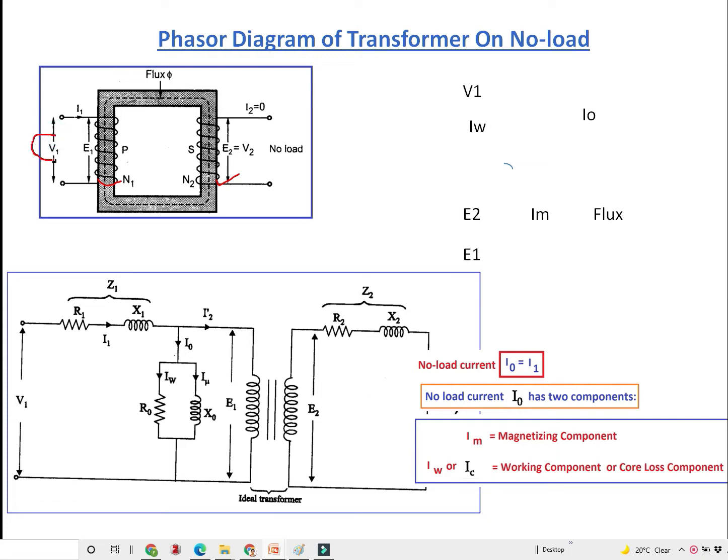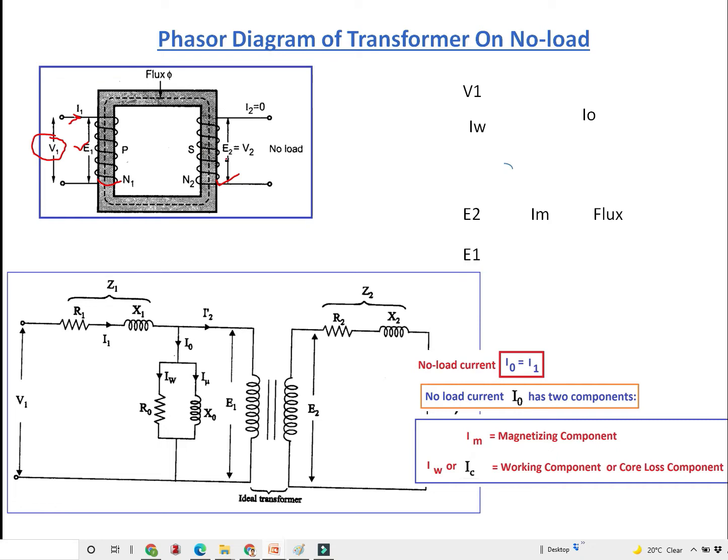voltage or source voltage is V1, and the current flowing into the primary winding is taken as I1, and the EMF induced in the primary winding is taken as E1. The flux links through the secondary winding through this core, correct, and the EMF induced due to the alternating flux is E2.